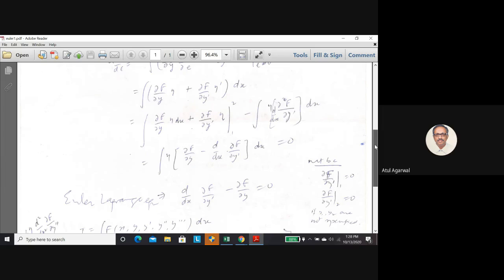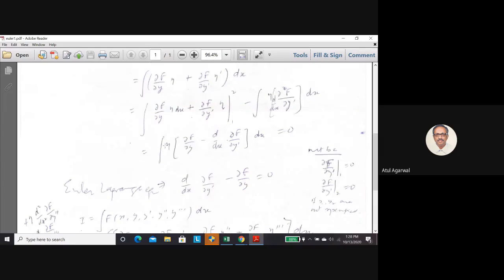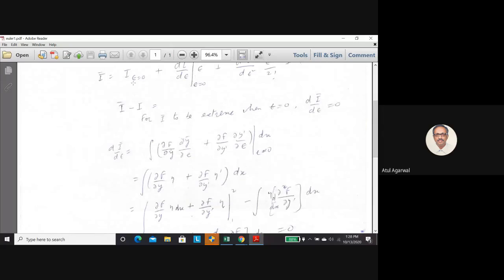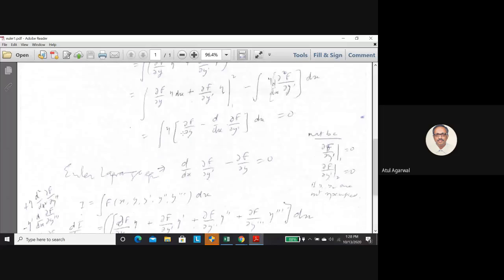So you see this equation: if you want to get an extremum value of I at epsilon equal to 0, you have to make this derivative 0. Eta is arbitrary, so how can it be 0 unless this entire term is 0? This is known as the Euler-Lagrange equation. So you have found a differential equation for your function f.